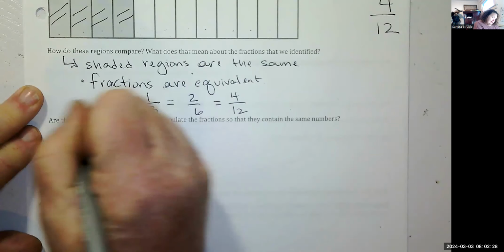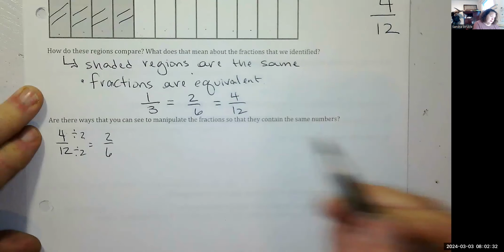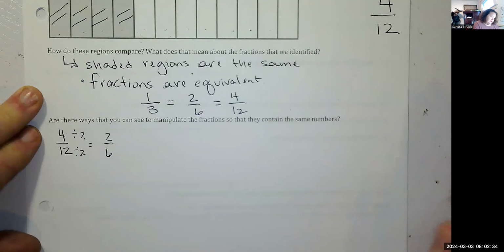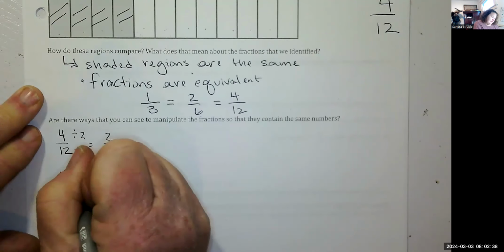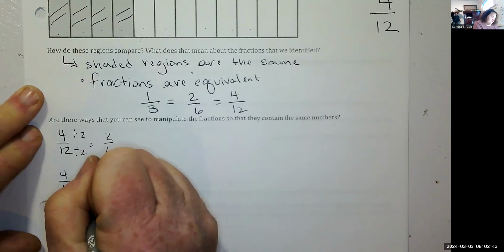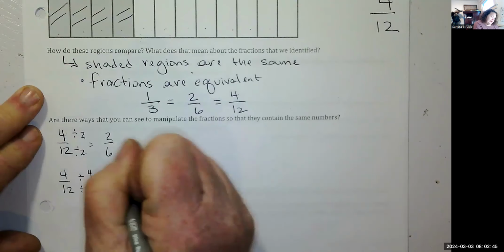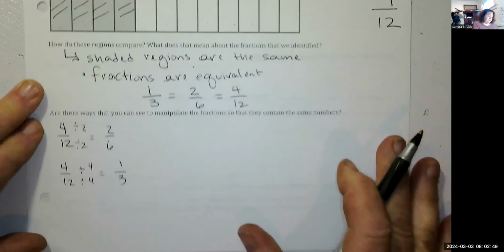And when I do that, I get 2/6, which is this number. I could also take 4/12 and divide both numerator and denominator by 4. And with that, I get 1/3. So that shows that they're equal.